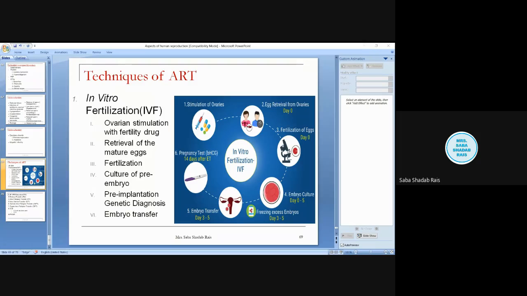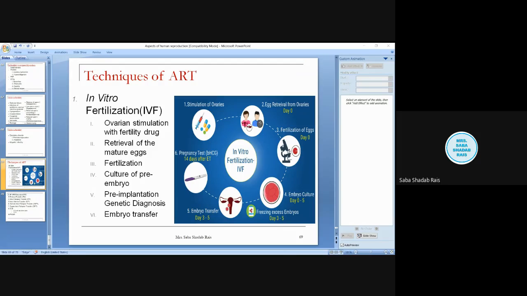This is the normal cycle that happens in normal pregnancy: it begins in the fallopian tube, the egg gets fertilized, and thereafter it descends into the uterus. The same happens if the embryos are transferred into the fallopian tube.